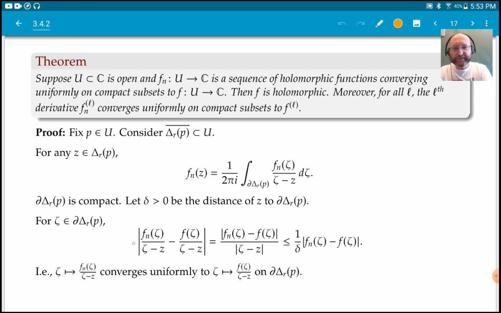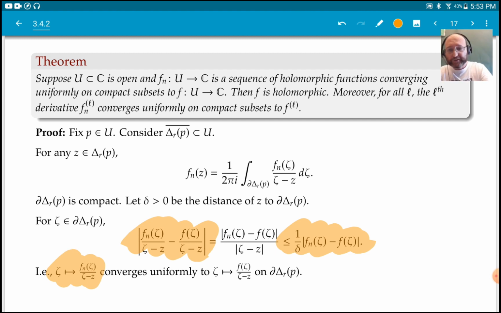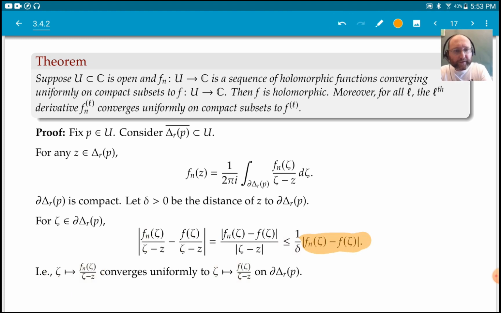Now, what's the point of this estimate? This estimate says that for a fixed Z, the integrand as a function of zeta converges uniformly to the integrand with f put in there, on the circle. Why? Because this goes to 0 uniformly, since this circle is compact, and we have that f_n goes uniformly on compact subsets to f.